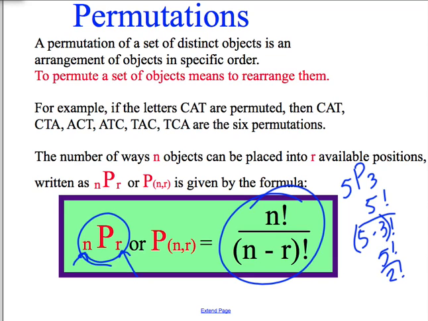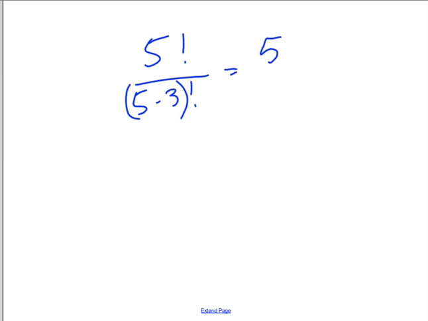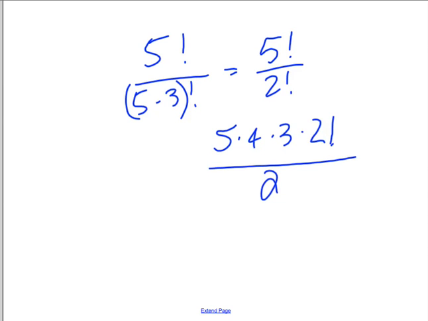Now the great thing about factorial notation is that you can simplify that pretty quick without using your calculator. Because 5 factorial over 2 factorial would be 5 times 4 times 3 times 2 factorial, over 2 factorial. And the 2 factorials divide out, which leaves you with 5 times 4 times 3.